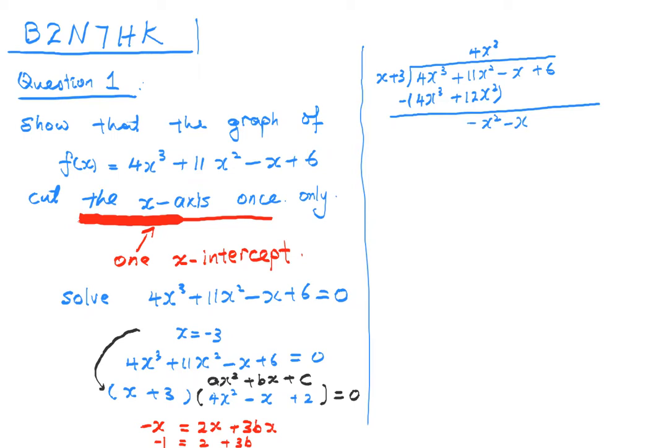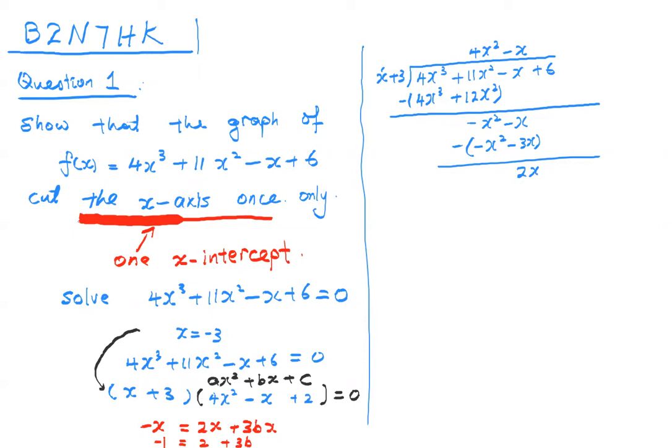So I have to put here minus x. -x times x, I got -x squared. -x times 3, I got -3x. So I minus off again. I got 0. Negative minus -3x, I got 2x here.